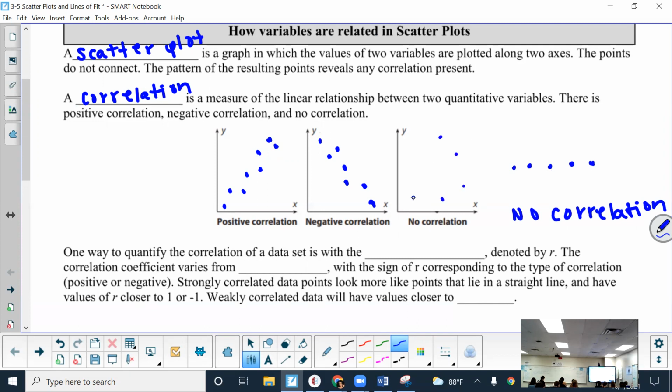What about this? Where it's all over the place. All right, that's also no correlation. So there's two examples there for no correlation. That's data that seems to have no visible relationship between them.